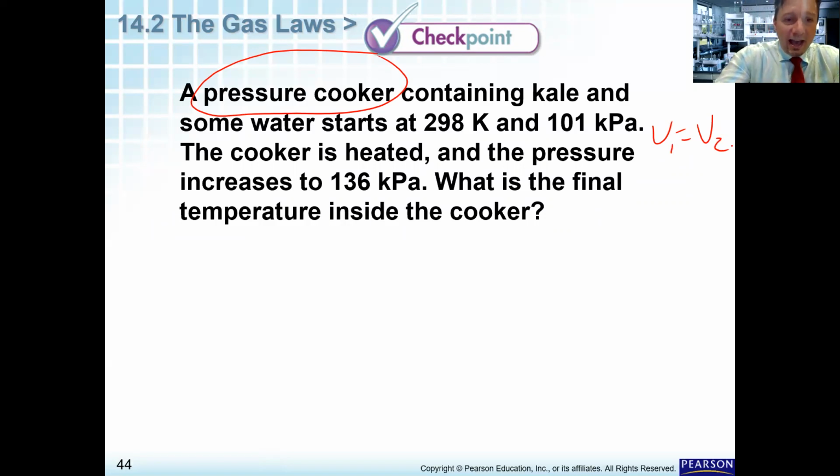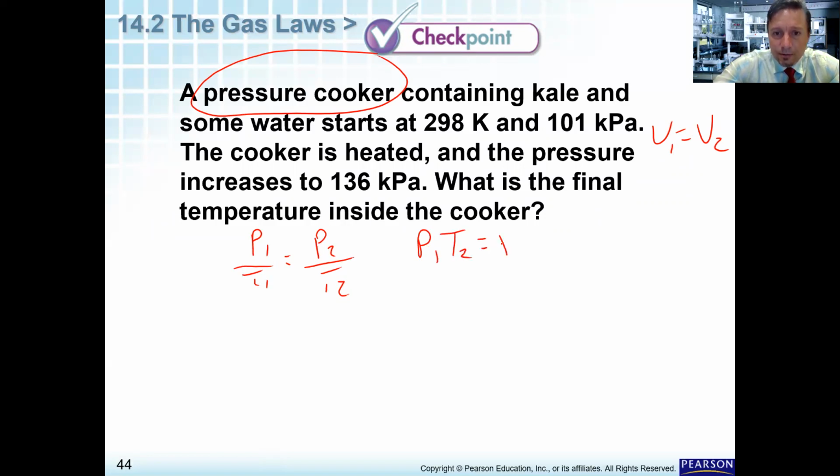So we have P1 over T1 equals P2 over T2. The quickest and easiest way is to cross multiply and make a line problem out of it. So you have P1 T2 equals P2 T1. I just cross multiplied like that.